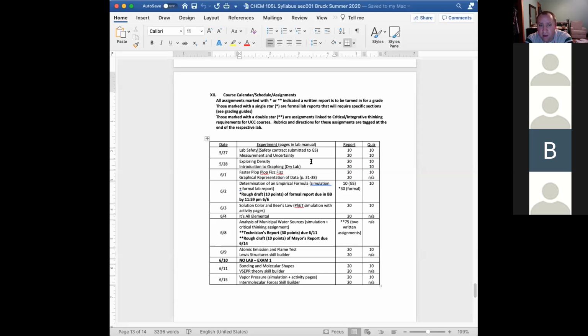But what you can see is every single experiment has two components to it. Some have more, but every one of them has at least two components. There is the report itself, which will get submitted into Gradescope. And then there's the quiz, and the quiz will be done in Blackboard.